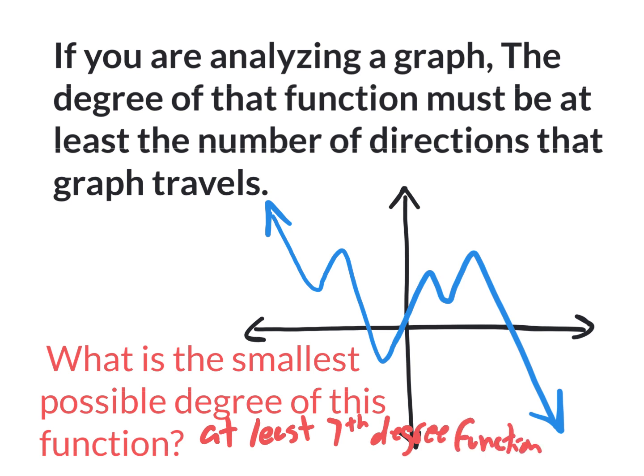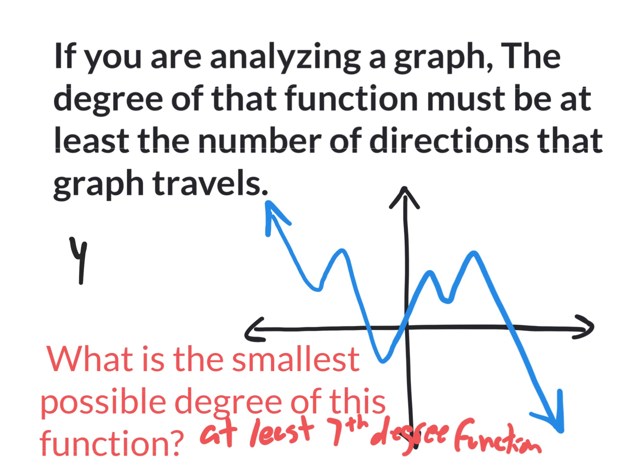Okay. How about this? It's at least a 7th degree function. We know right off the bat it's an odd degree function because it has an odd amount of arrows pointing up, an odd amount of arrows pointing down, right? But to be more specific, we know it's at least a 7th degree function.